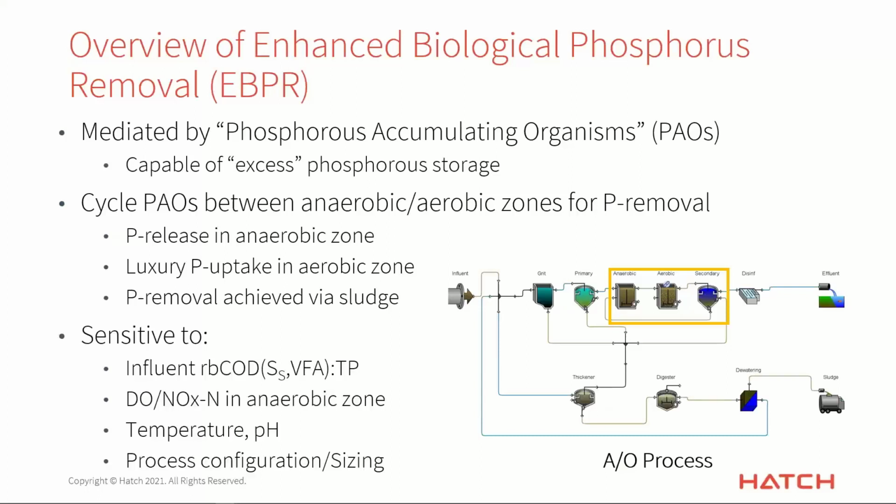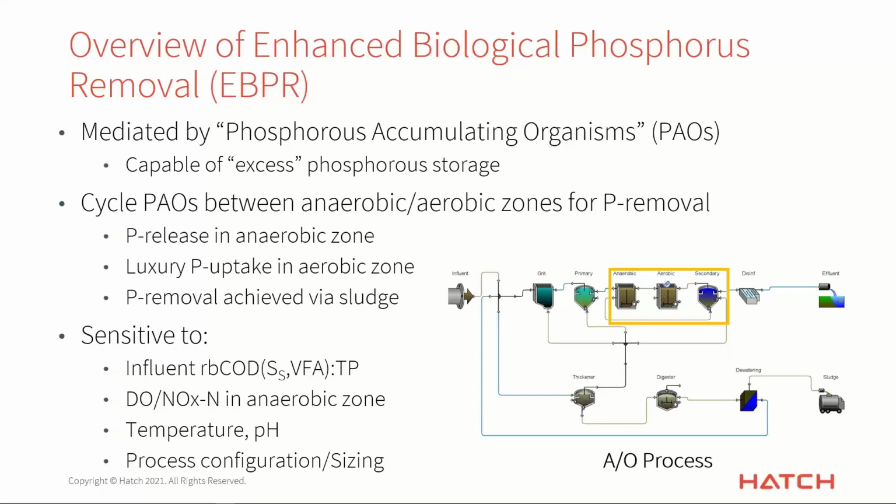So like many other processes, this is dependent on many things. It's dependent on the plant design and SRT and all that sort of thing. One of the other key factors that Nick will be talking about a little bit later on is the COD to total phosphorus ratio in your influent. Is there enough fermentable substrate there to have those BioP bugs thrive and grow the way that you want them to? Also the DO and potentially nitrate in the anaerobic zone.